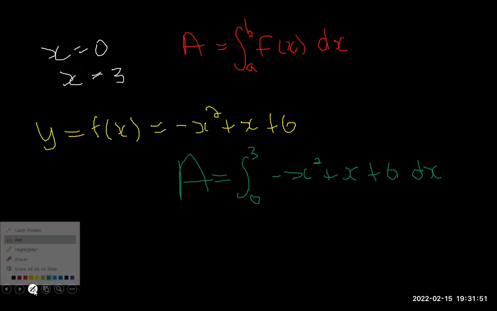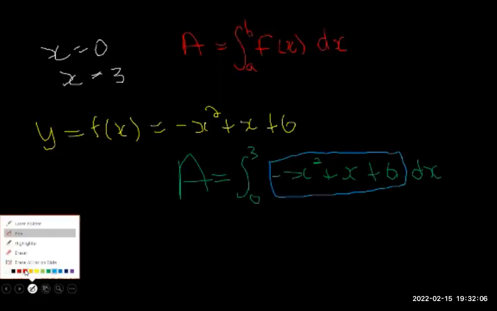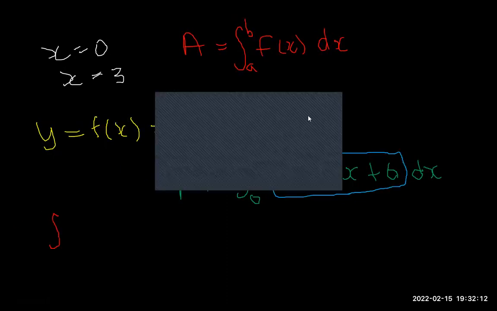We know when we're using definite integration, the first thing you want to do, just forgetting these limits for a little while, is integrate this expression right here. How do I go about integrating that expression? Use the rule. It's all about the rules, right? How do I integrate a given expression?